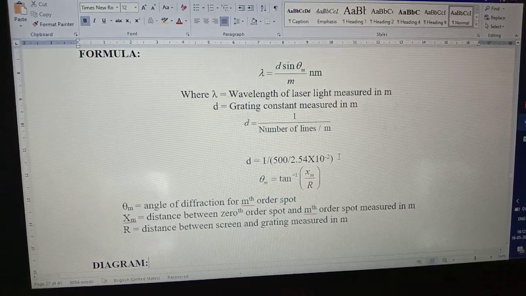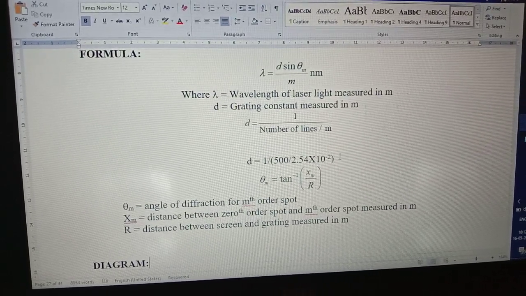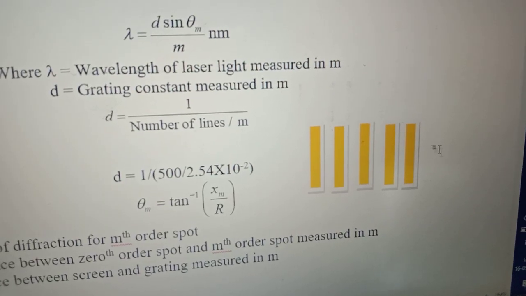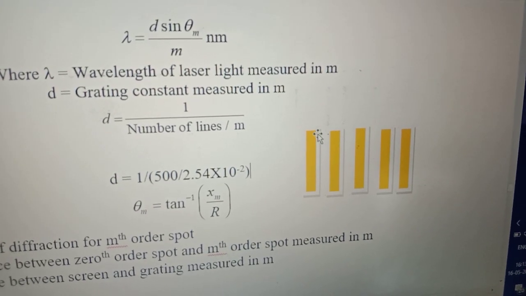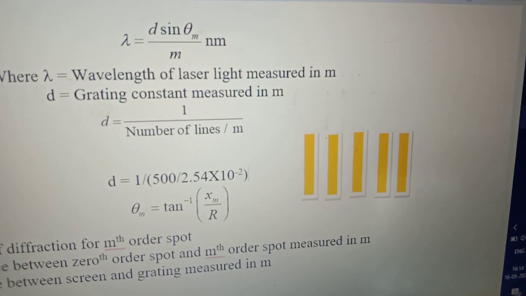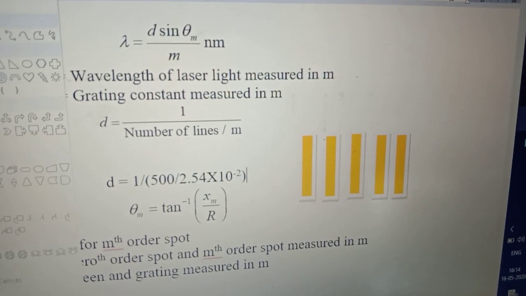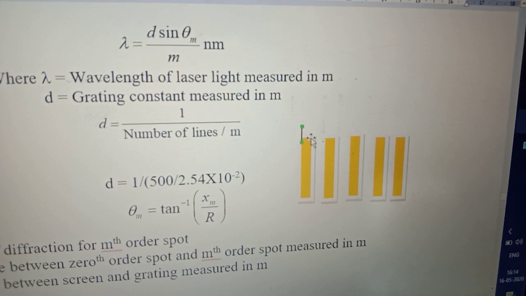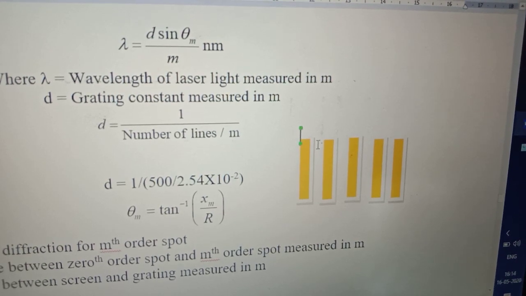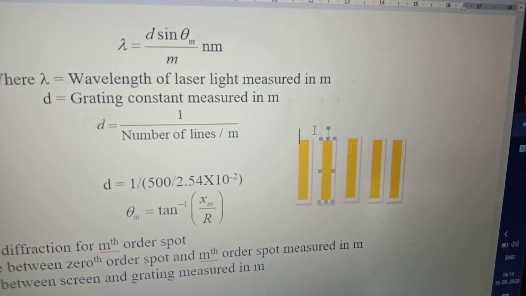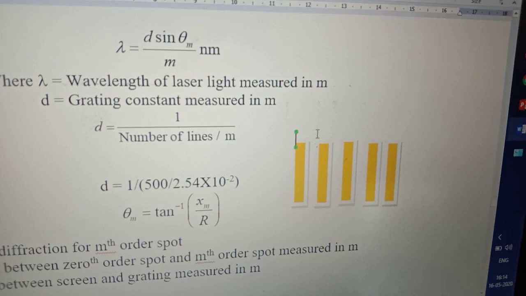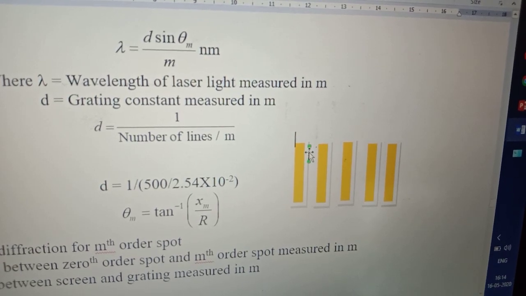That distance is called the distance between two consecutive slits. If you assume that the slits are arranged in this fashion, then the grating constant is the distance from one transparent portion to the next one.